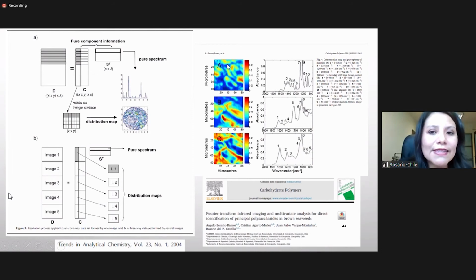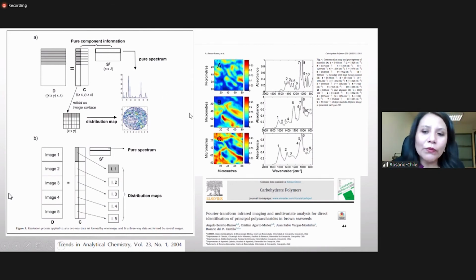So this is the distribution of one component, another component, and this matrix will have the pure spectra of component 1, component 2, component n, and so on.